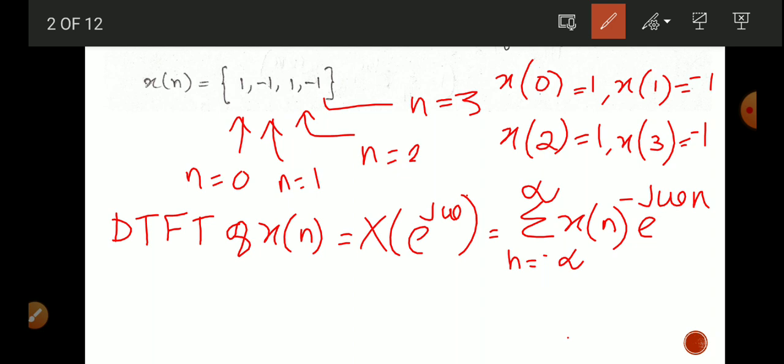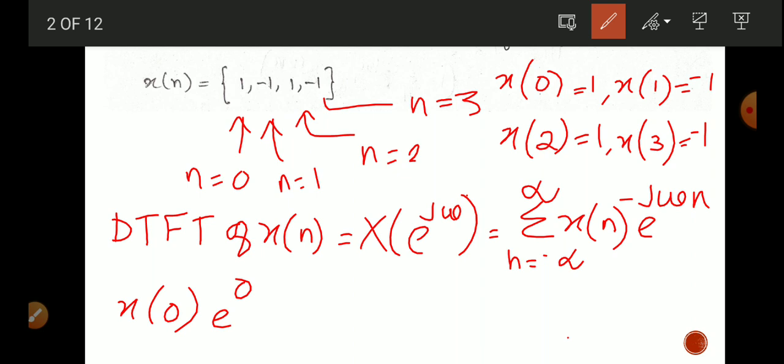Here we have only 4 samples. The samples are x of 0, x of 1, x of 2, x of 3. So we can expand this equation, or we can substitute these samples in this general equation of discrete time Fourier transform X of e raised to j omega. On substituting these samples, we can write it as x of 0 e raised to 0. Here for n equal to 0, for all remaining positions the value of x of n equal to 0.